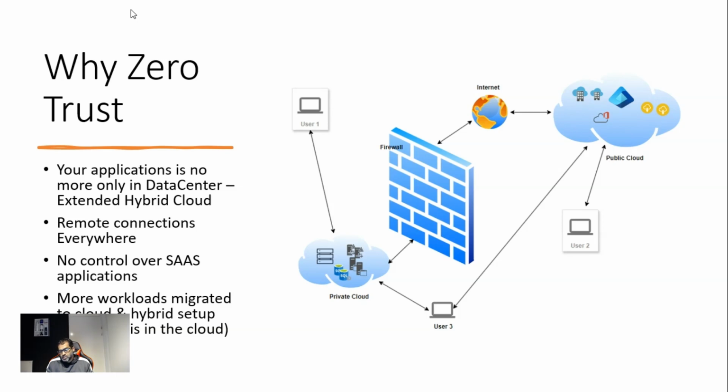But if you talk about user three, there is a split tunnel configuration where the user can consume the public cloud as well as the services running in the data center. So as a result of this, your blast radius is increasing. So this is the security team's responsibility to make sure that enough security measures are in place, because the data being consumed is from different regions, different places, different data centers. So that's very important.